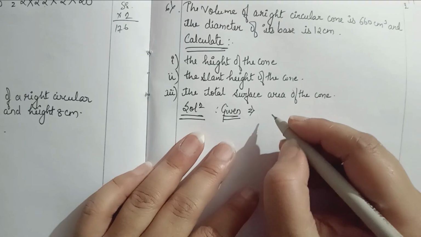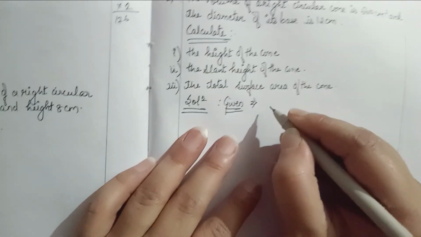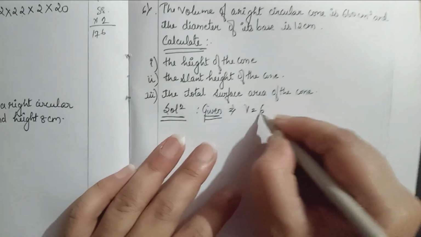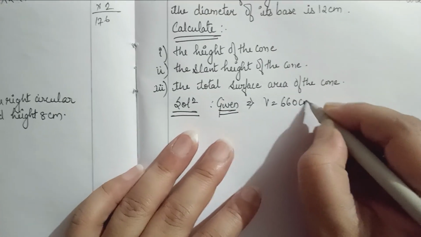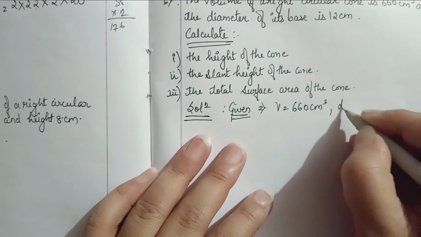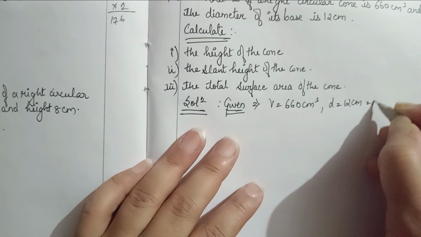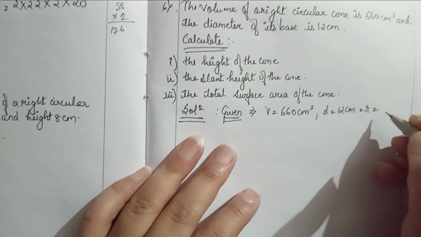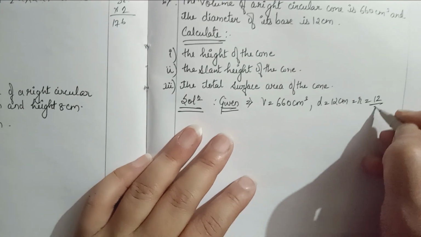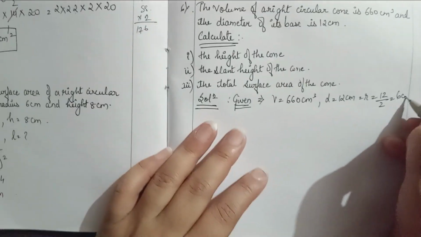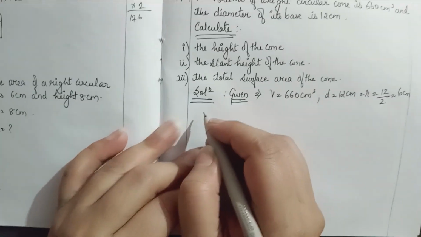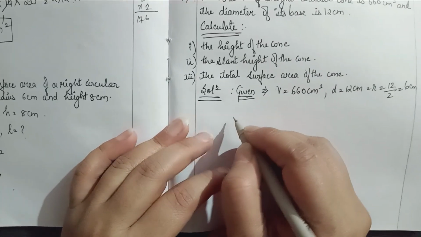Given volume is equal to 660 centimeters cube. Diameter here is given as 12 centimeters. That radius will be half of diameter, which is equal to 6 centimeters. Okay. We will calculate the height of the cone.